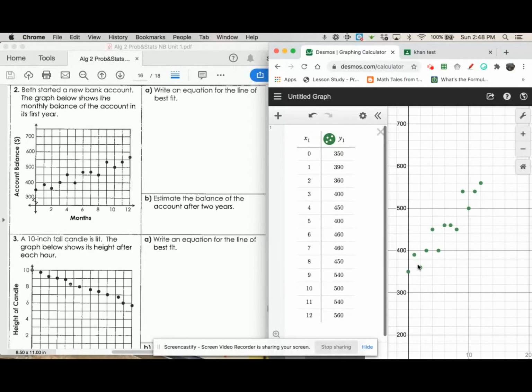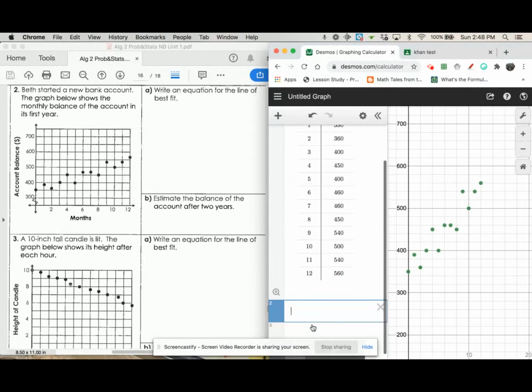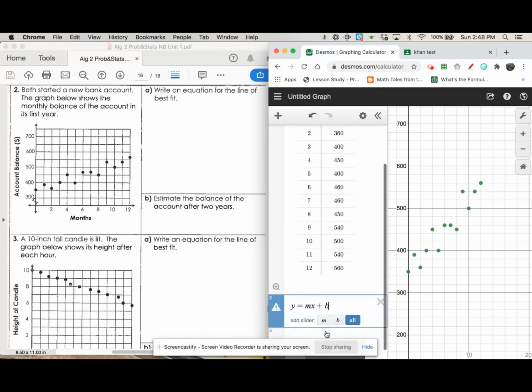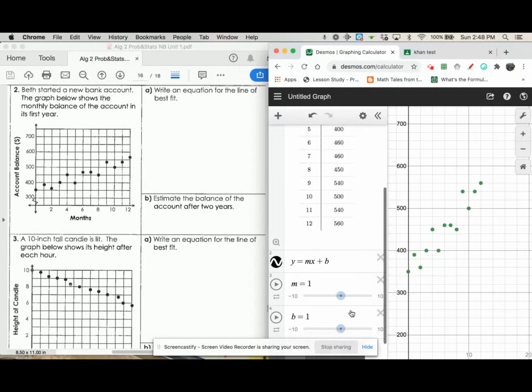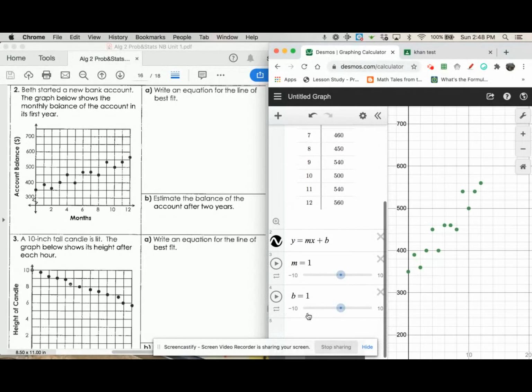So there's my data. Now I need to draw my line of best fit. I'm going to go to my next line and do y equals mx plus b. That's the equation of a line in slope-intercept form. I'm going to add my sliders. And if you notice, my y-intercept is going from -10 to 10, but look at my y values. I need to do the same thing I did before.